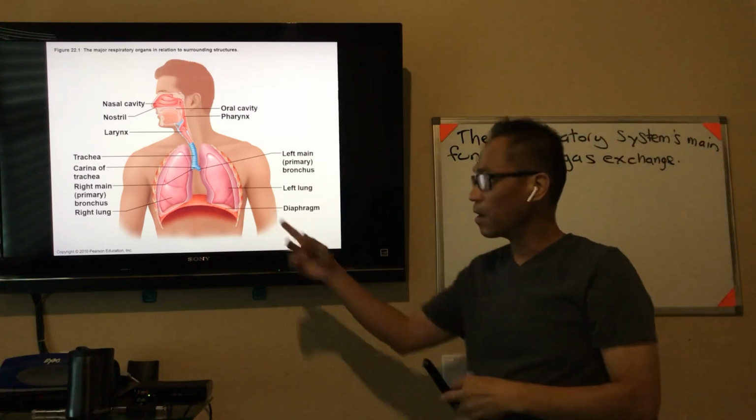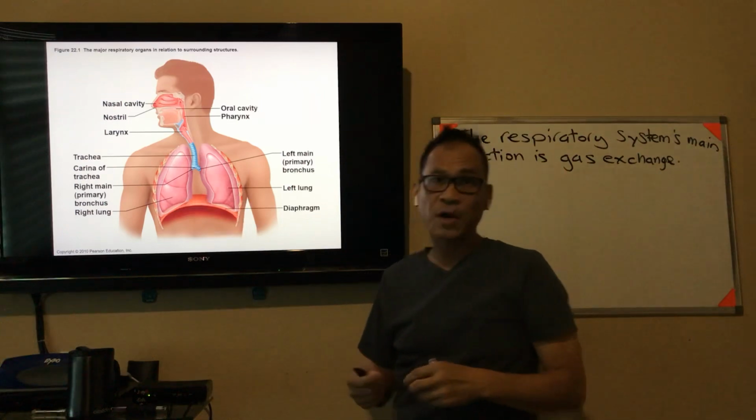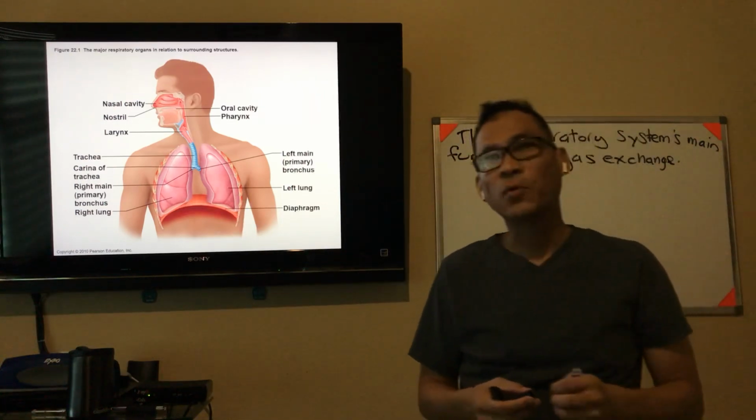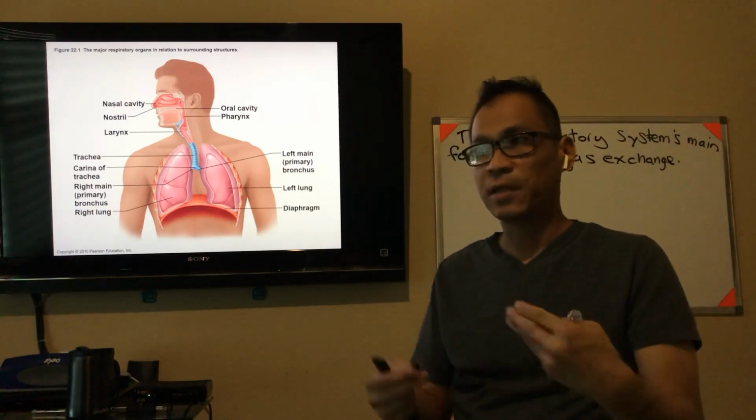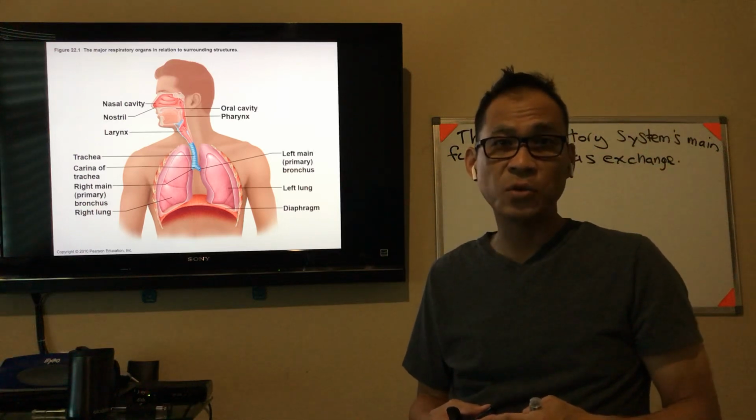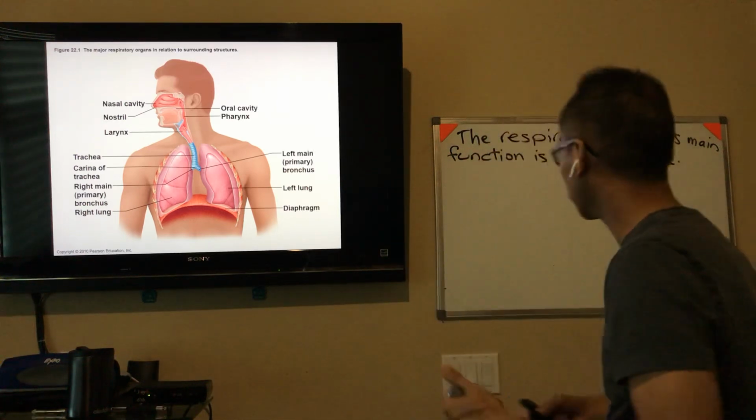It ventilates the lungs with fresh air, then uses the circulatory system to circulate the respiratory gases, O2 and CO2, very long distances.